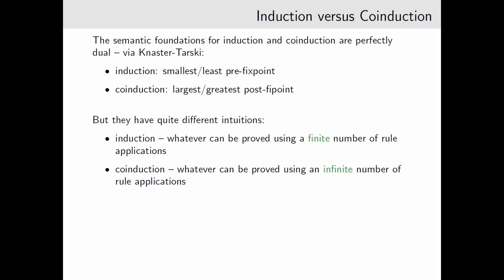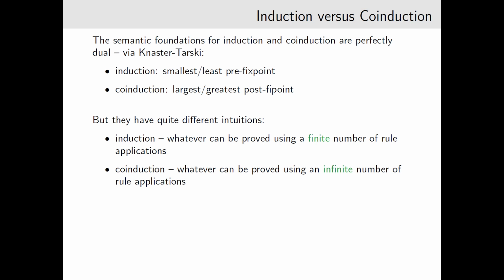Induction means whatever can be proved using a finite number of rule applications, and coinduction, whatever can be proved using an infinite number of rule applications. So this kind of justifies this peculiarity of the instantiation of Knaster-Tarski in the category of predicates over sets.